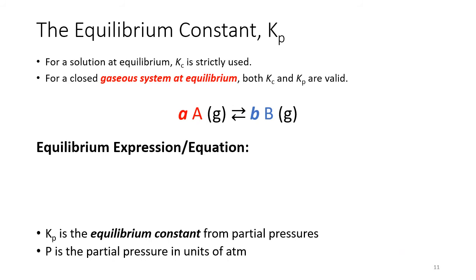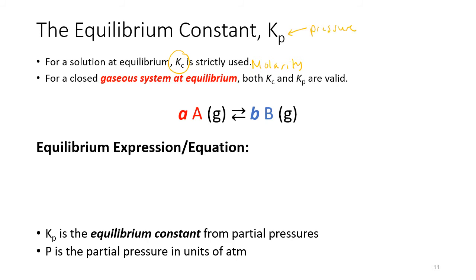There is another equilibrium constant that is sometimes used for reactions that contain gases. The equilibrium constant K sub C that we were previously using, the lowercase c meant concentration. So we used molarities to calculate K sub C. When we're calculating K sub P, the P means pressure.